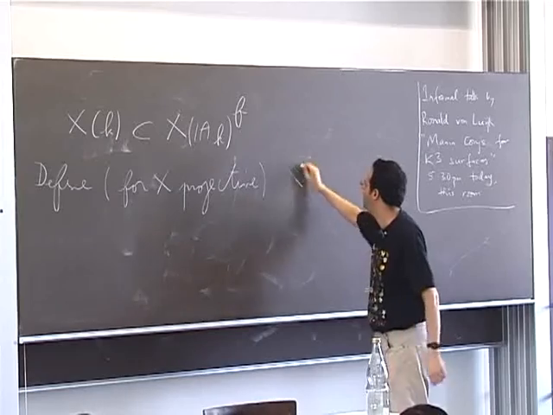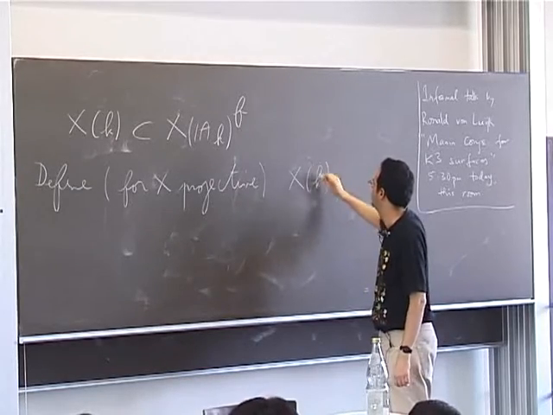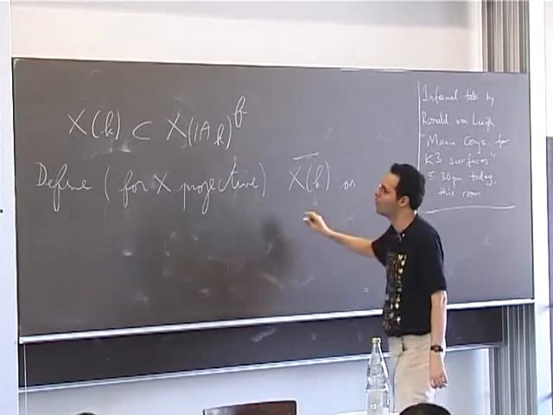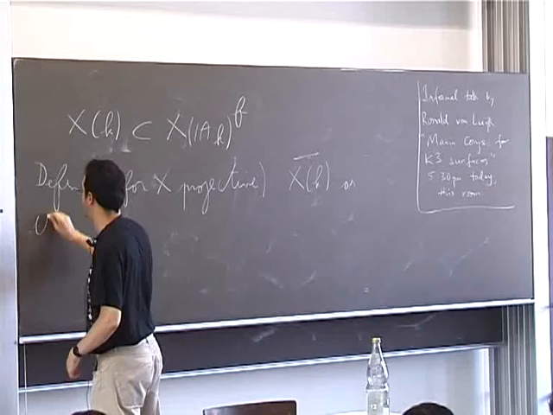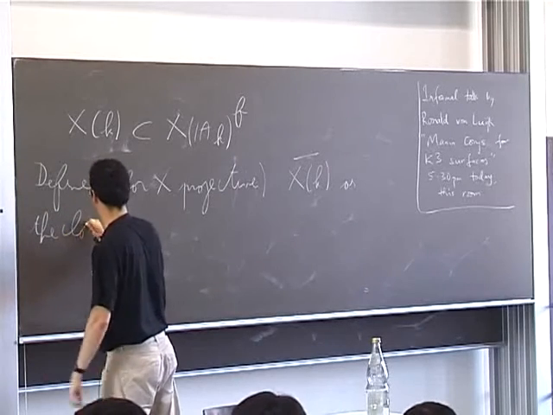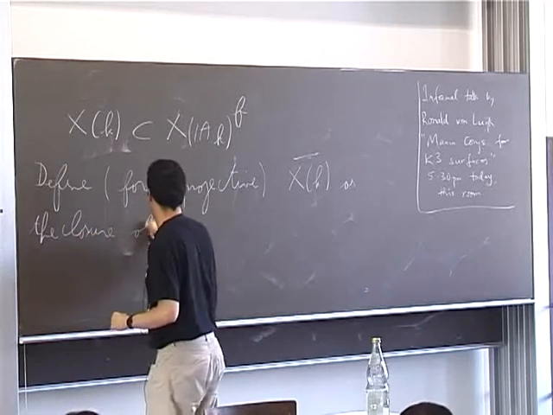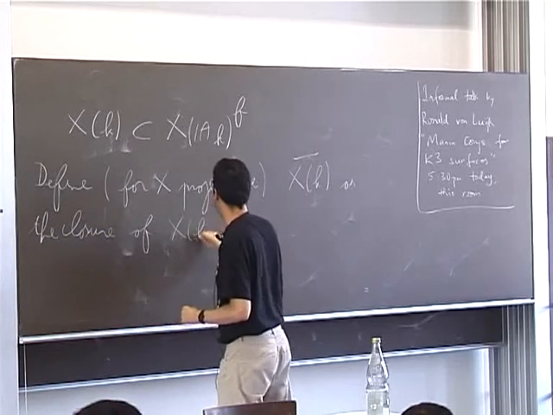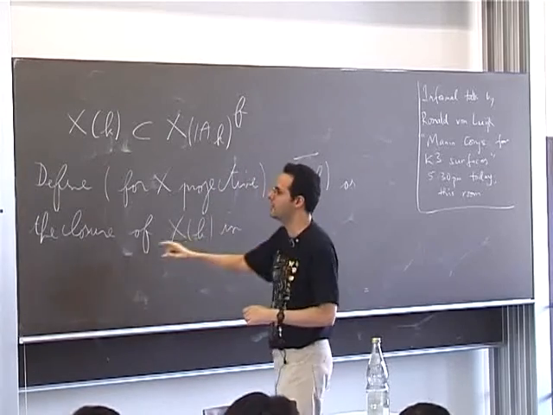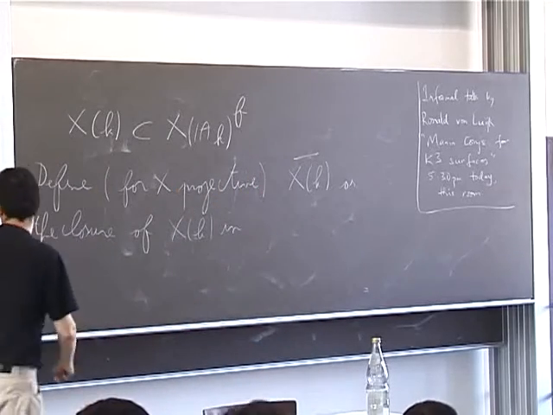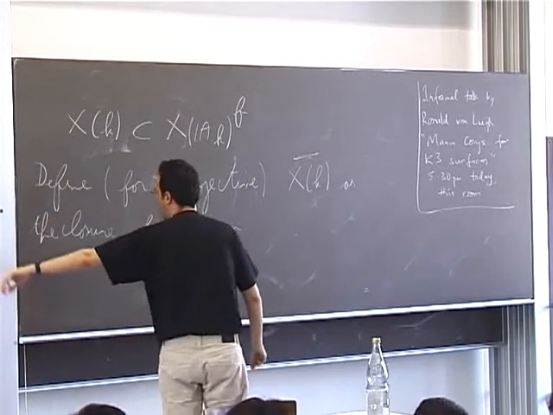So define the closure of X of K in this adelic space, so for the product of the v-adic topologies.